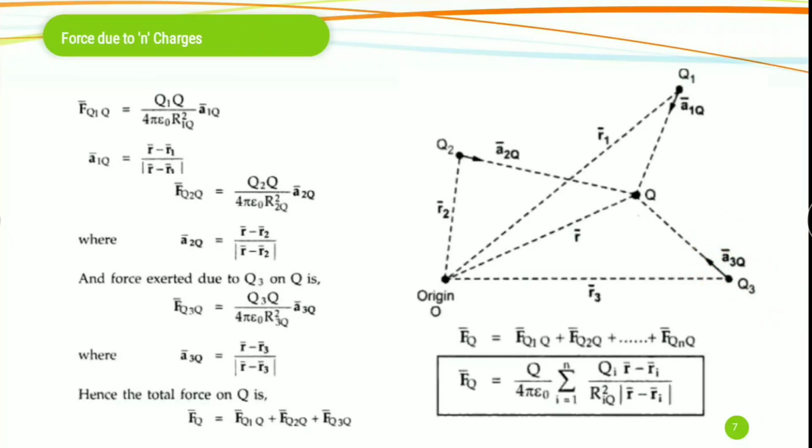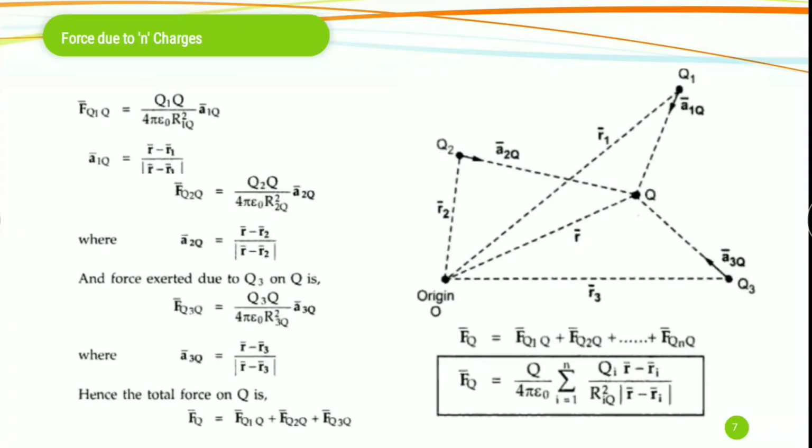So here we also find the formulas for F1Q, F2Q, F3Q. By simply adding all these values, we can easily determine the force at Q.